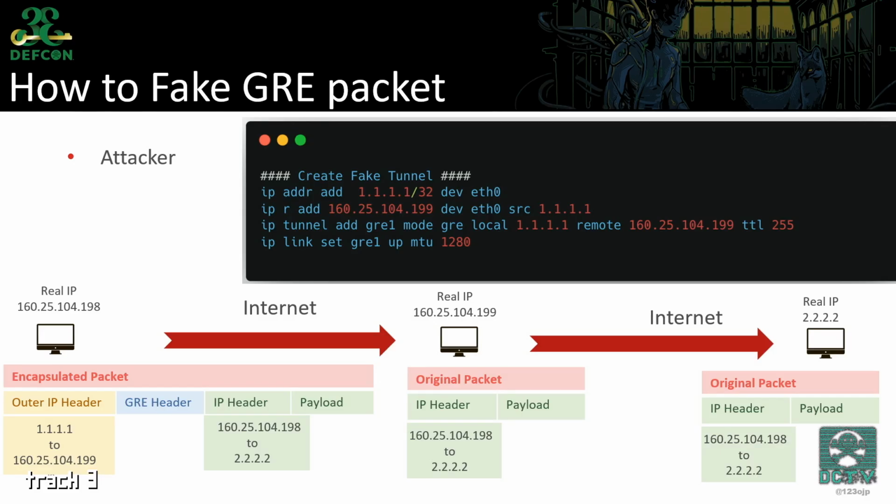First, we can create a GRE tunnel using the command provided above. Then we can craft a GRE packet with a spoofed source IP address, one that does not belong to us, and send it over the public network to the victim. If the victim has a GRE peer configured with the GRE packet source IP, for example, 1.1.1, it will decapsulate the inner packet and process it according to its routing table and forward the inner packet.